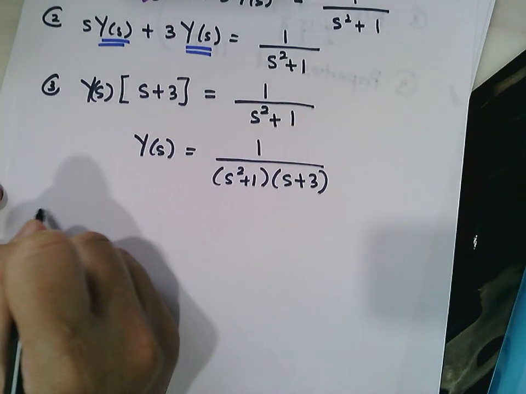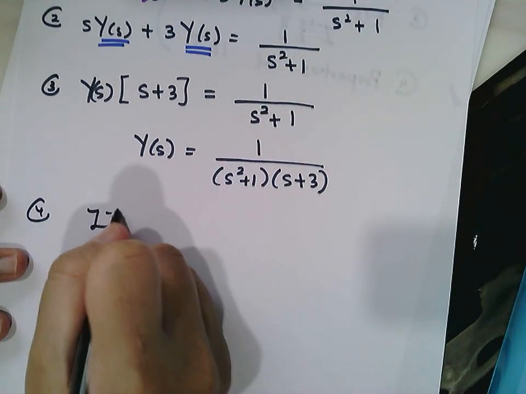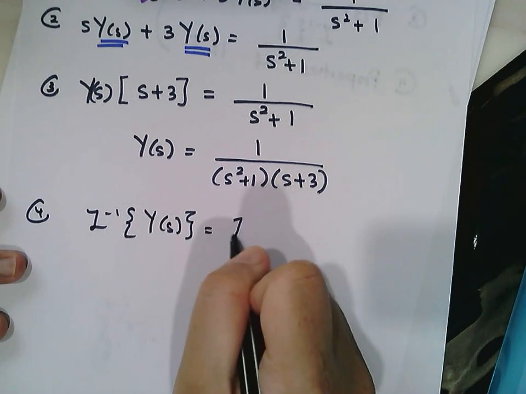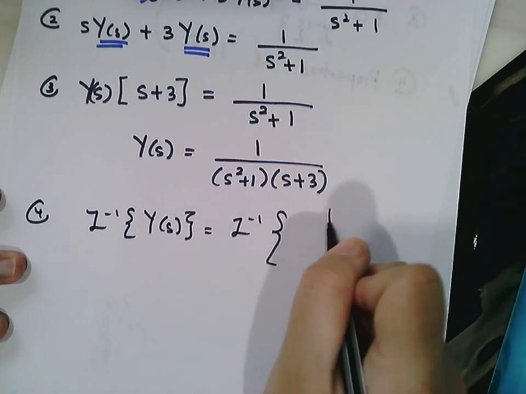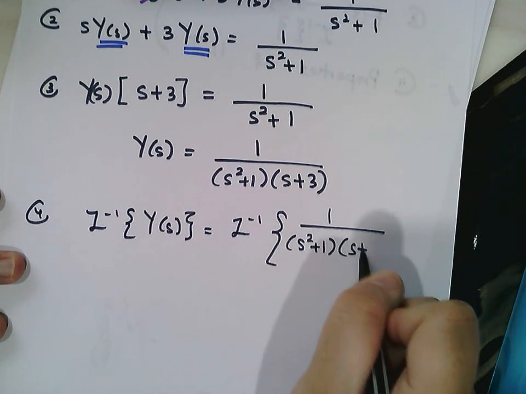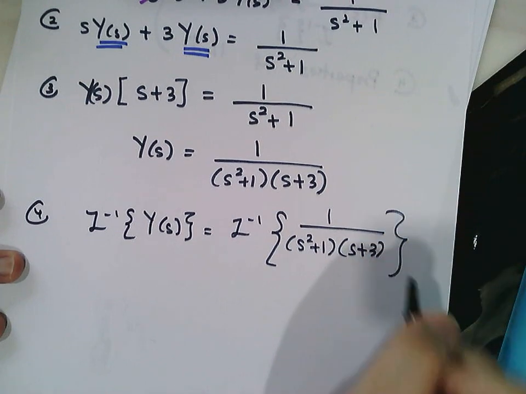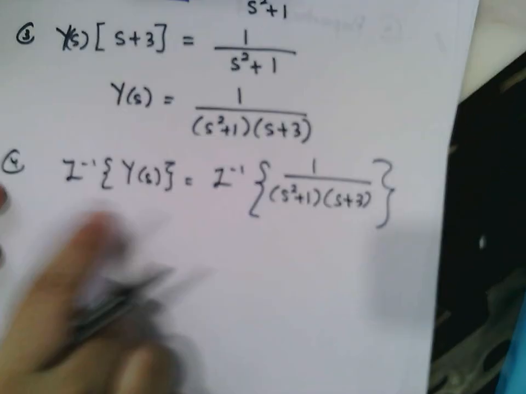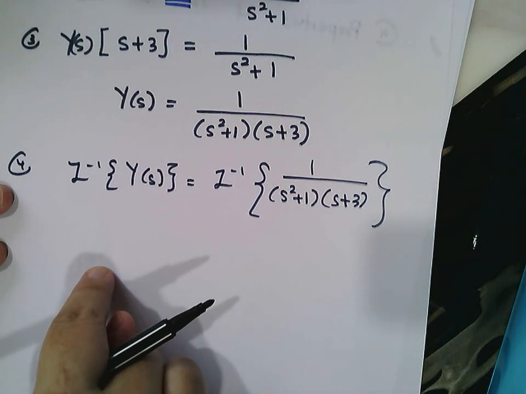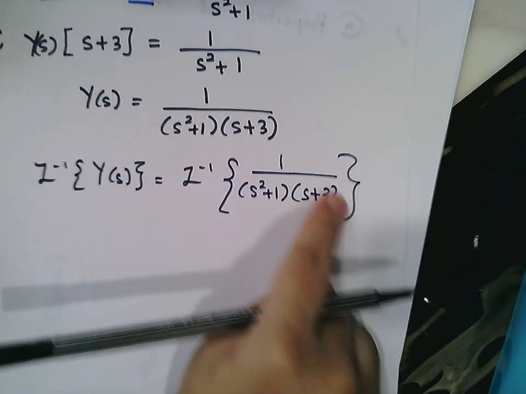So the inverse of Y(s) is equal to the inverse of 1 over (s squared plus 1)(s + 3). You know that the inverse of Y(s) will give you y(t). So what is your problem now is this part.